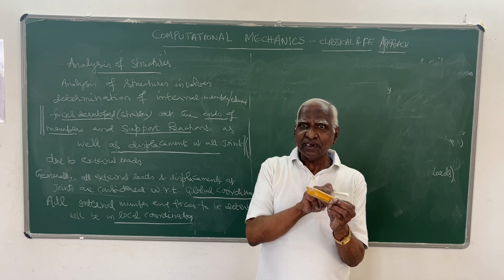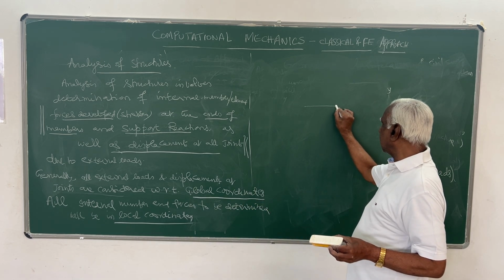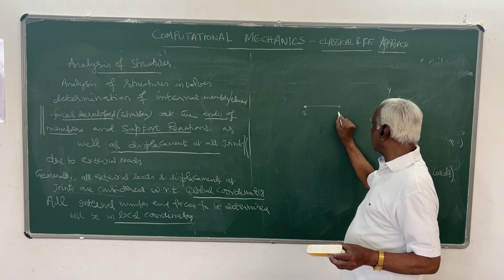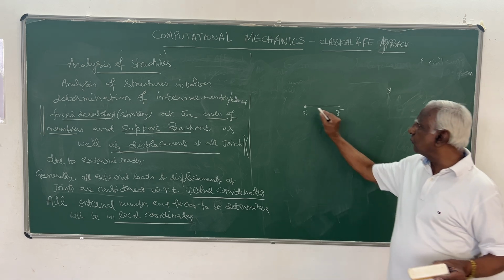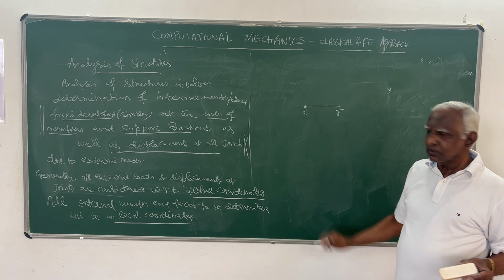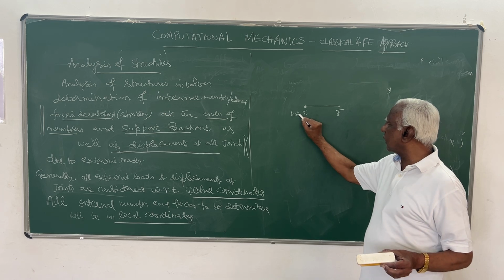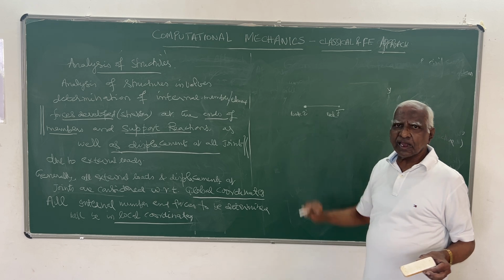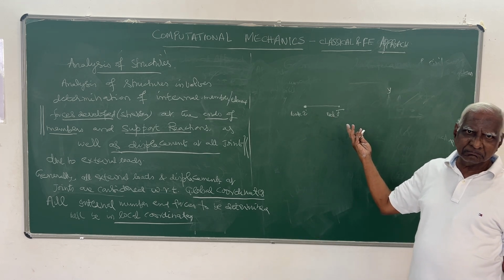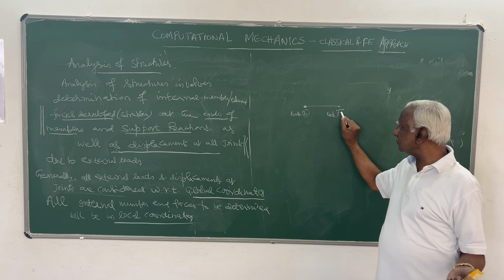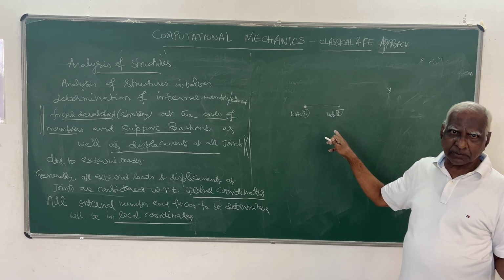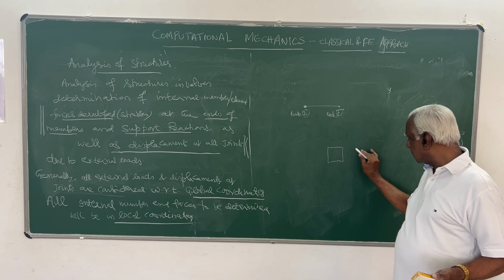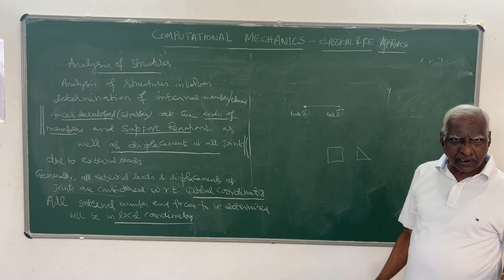So the origin, we always, each line element if you take, each element has two ends. One end we call it as node I, another end we call it as node J. The origin we can select I or J. There is no restriction in case of discrete structure I am talking about, or in case of area element also, either this rectangle or it may be a triangle element, whatever it is.